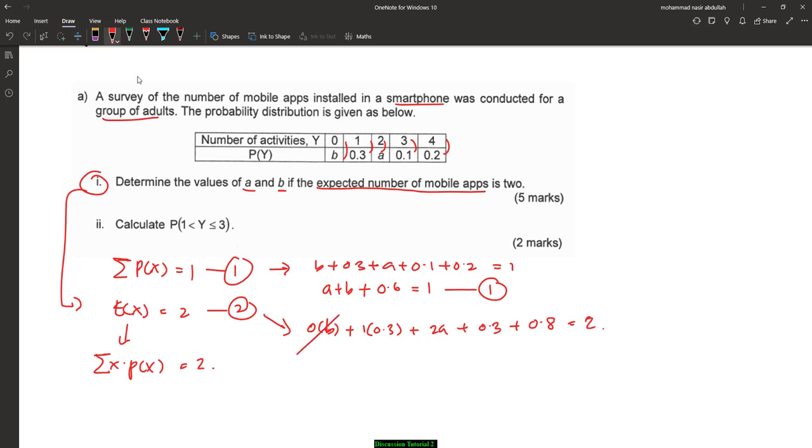Since b is out, it's gone, so we have 2a plus 0.3 plus 0.3 plus 0.8 should be equal to 1.4, equal to 2. So we solve this one first. This one should be number 2. 2a is equal to 0.6, a is equal to 0.3.